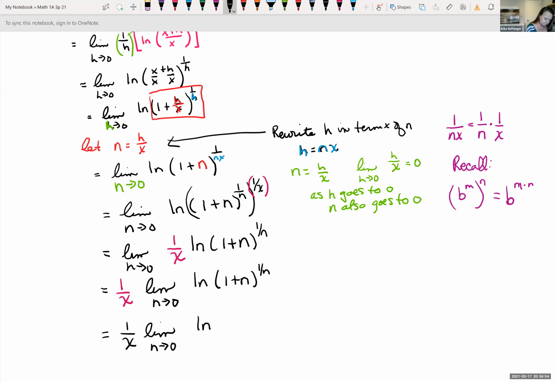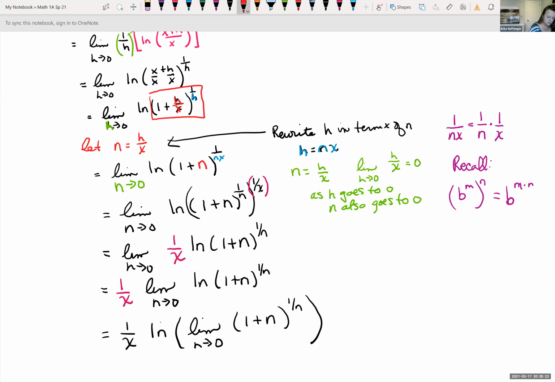Oh, right. Actually, I want to pull the limit inside. So we actually have the natural log of the limit as n goes to 0 of 1 plus n raised to the 1 over n power.